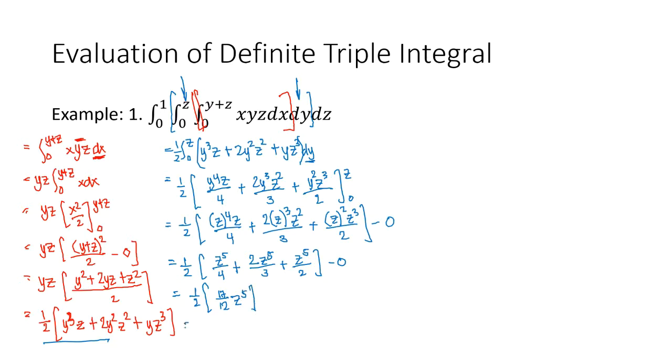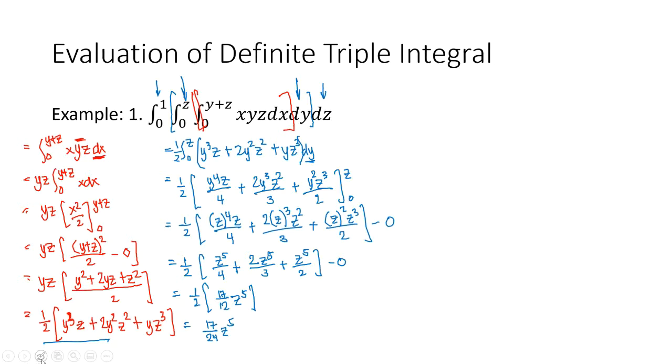And since we have to multiply it by 1/2, 17 over 12 times 1/2 is equivalent to 17 over 24 z to the fifth. But we are not yet done since we still have one integration left, which is in terms of z this time.